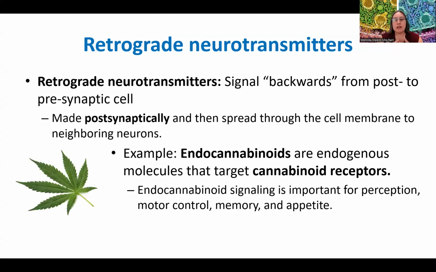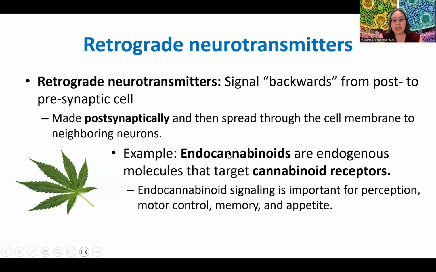Final category is our retrograde transmitters. These signal backwards from the postsynaptic to the presynaptic cell. They are made postsynaptically then, and they diffuse through the cell membrane. They tend to be lipid soluble into neighboring neurons. So one example here are endocannabinoids. If that sounds familiar, it's because they're in cannabis and marijuana.